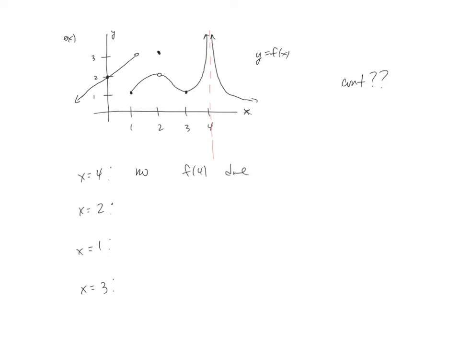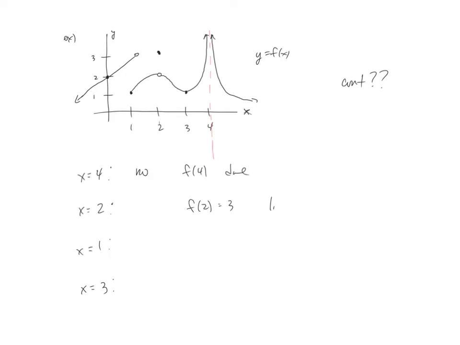Now, for x equals 2, we're looking to see if we are continuous right here. The definition says that the limit must equal the point. What's the point? Well, f of 2 is 3.